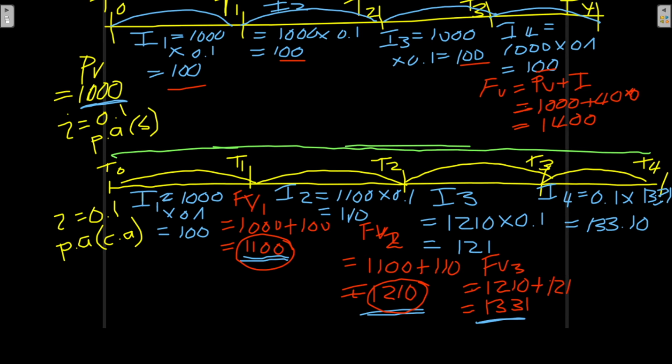So my final value after 4 years, future value 4, will then be this 1,331 plus the interest in the 4th time period.